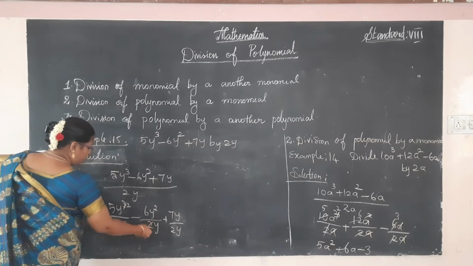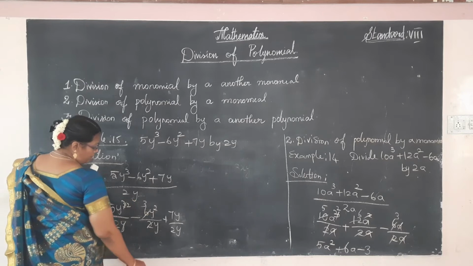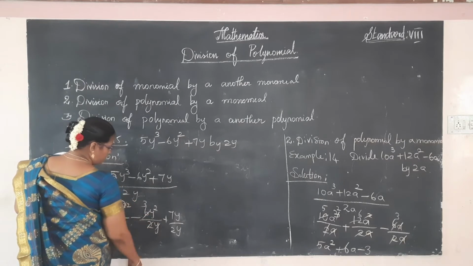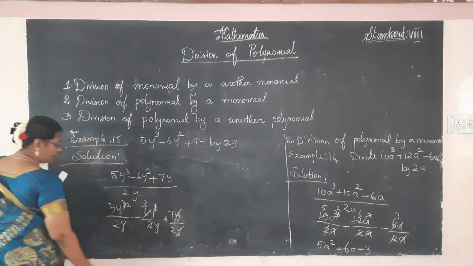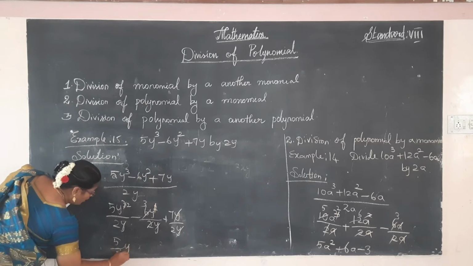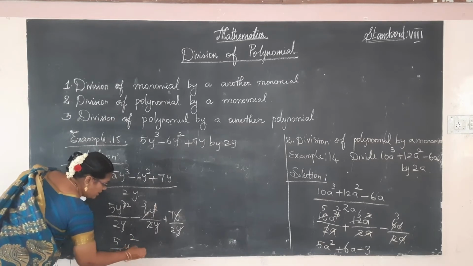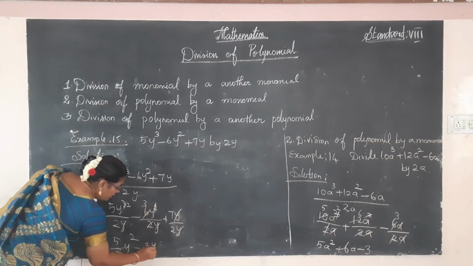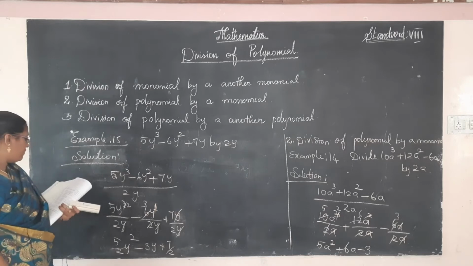Here 2 threes are 6, and y cancels. Here also y cancels. So what do we get? 5 by 2 y squared minus 3y plus 7 by 2.